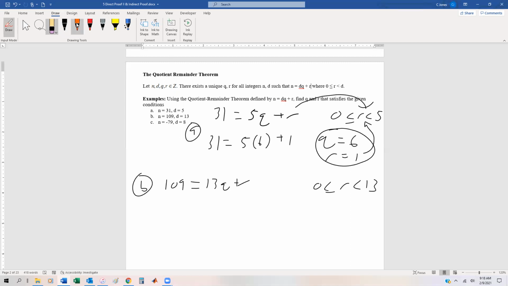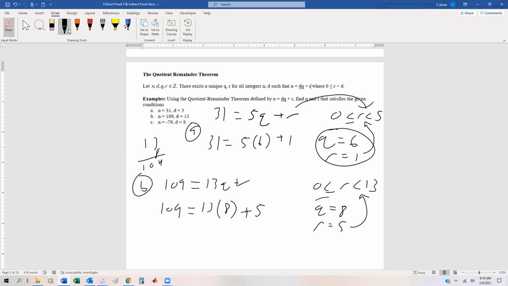And so in this instance, we could just say something to the effect of 109 is going to be equal to 13 times... Now, if we try 8, we know 13 times 8 is going to give us 104. So that seems like it's going to work really nicely. And so we can say in this case that q is going to be 8 and r is going to be 5.